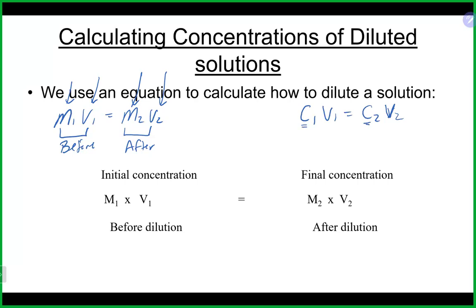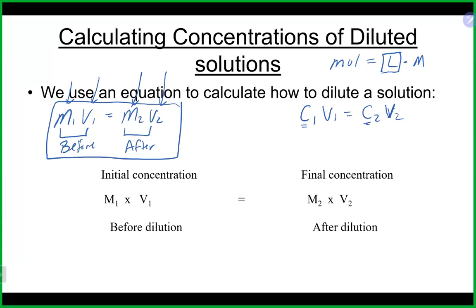Now, when you do this equation here, especially if you're using this version, earlier we talked about molarity and volume. And when we said if you're using molarity by itself and you want moles, your volume does need to be in liters for everything to work out correctly. The one exception is if you use this equation, you can leave your volume in milliliters and it will work out okay.